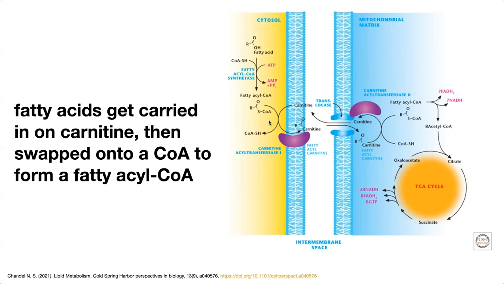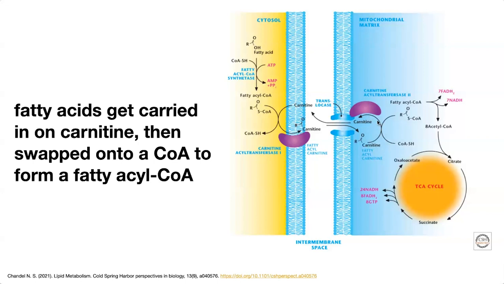We can't take it in as is, and so instead we're going to use this one higher energy bond and swap it for another higher energy bond, in this case on the carnitine. Carnitine is another one of these small molecules, and it has a group that can attach to where the CoA was attached in a swappable manner. This will give you a fatty acylcarnitine, and then it can get transferred through this translocase into the mitochondrial matrix.